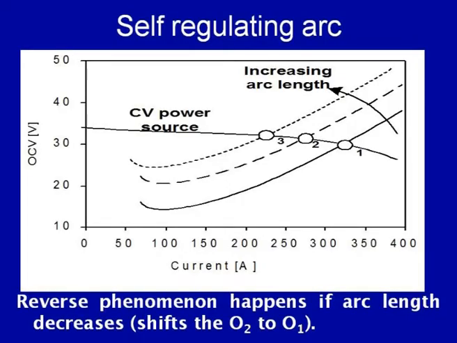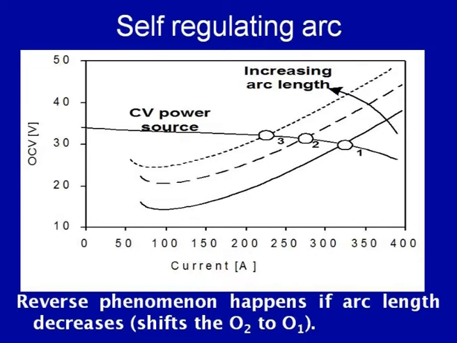An increase in arc length changes the arc characteristic, say from the firm line to the solid line, and this change results in a change in the operating point.